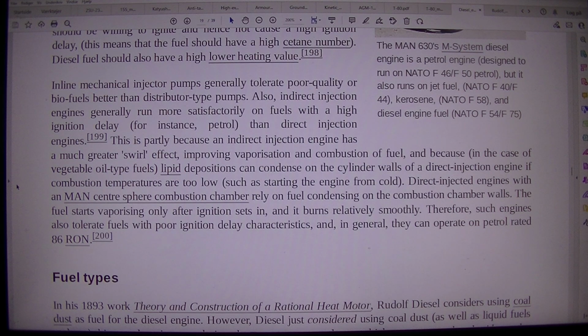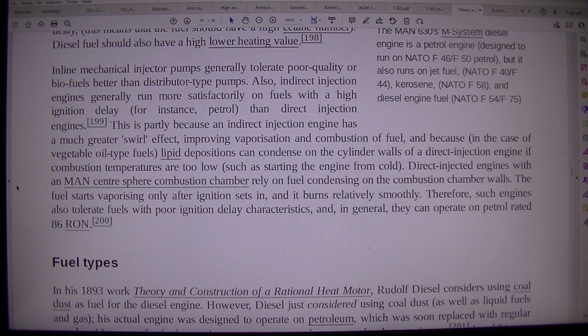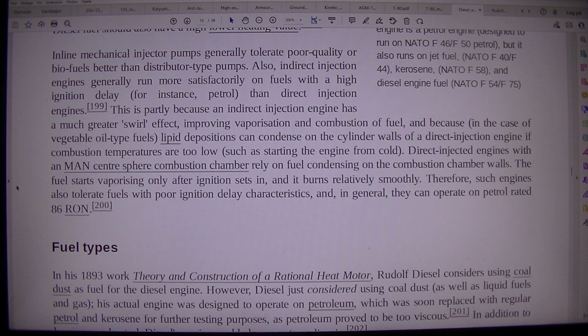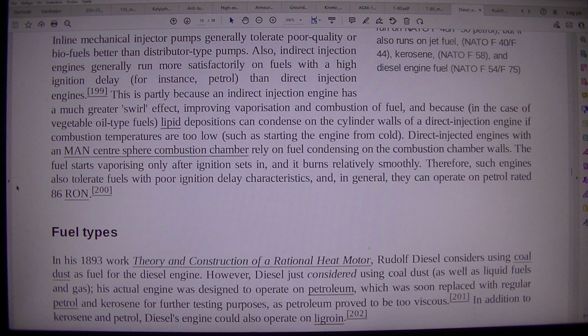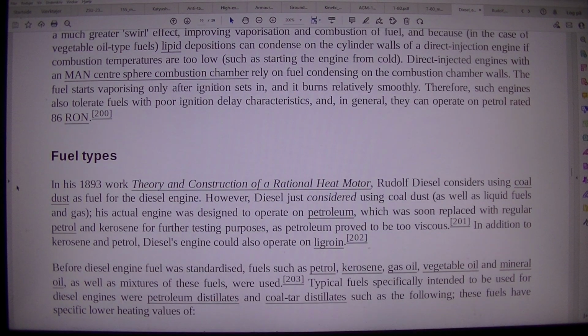198. Inline mechanical injector pumps generally tolerate poor quality or biofuels better than distributor type pumps. Also, indirect injection engines generally run more satisfactorily on fuels with a high ignition delay, for instance, petrol, than direct injection engines. 199.